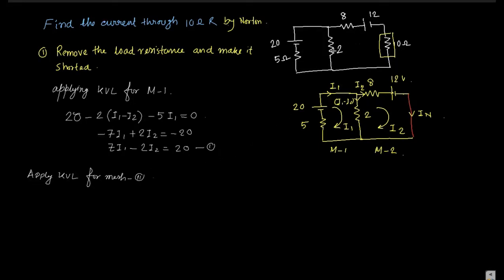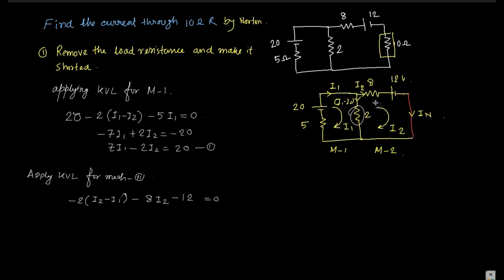Here it is minus 2 into I2 minus I1, minus 8 I2, minus 12 is equal to 0. Here the potential voltage drop is minus 2 into I2 minus I1. Here I2 is flowing through that 8 ohm, so 8 into I2 is the potential drop.